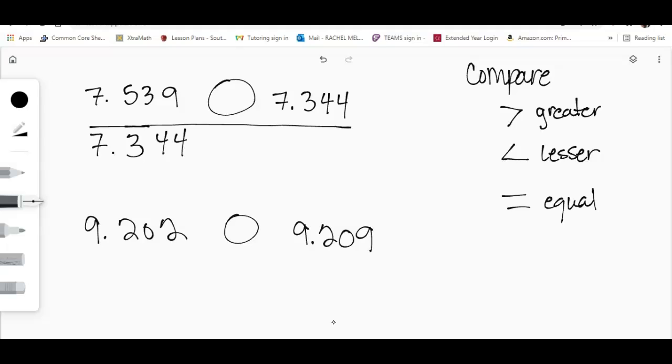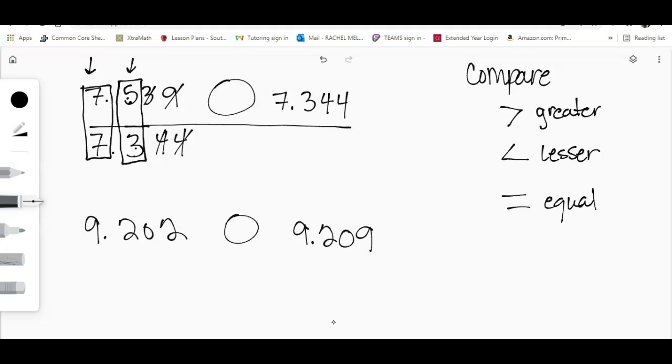So I'm going to start on the left. First I look at the ones place. Both of these are the same, so that doesn't tell me which one is bigger or less. So I go to the next place value, and I see that a 5 is bigger than a 3. That means this number with the 5 has to be the bigger number. I don't even have to look at the other two place values.